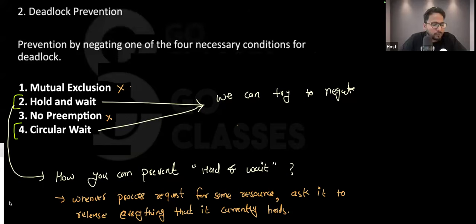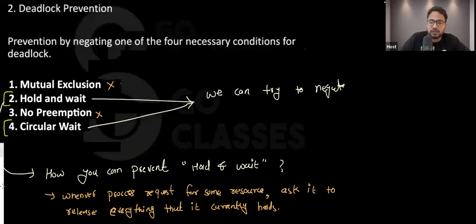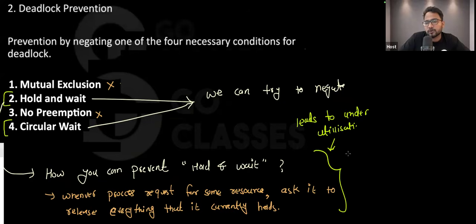Because if you are releasing the resources that you already hold, this leads to underutilization of resources, because you are releasing them without the task completion. So it's not a good idea, right?